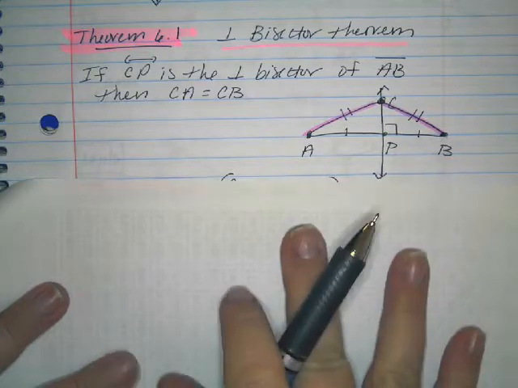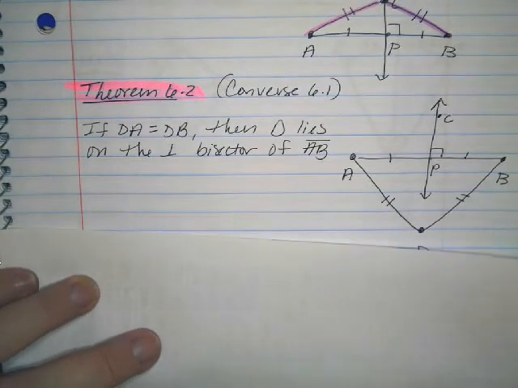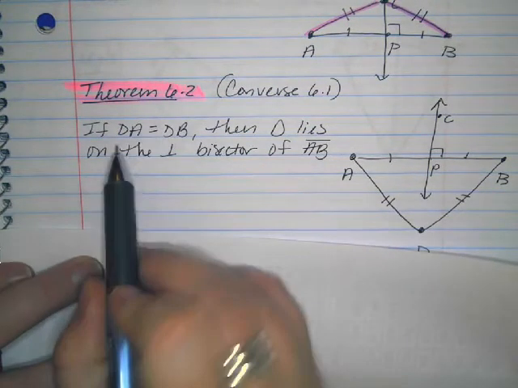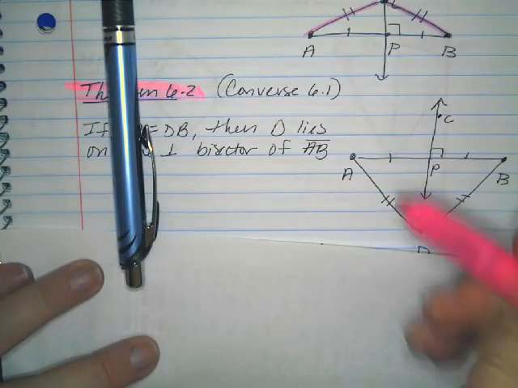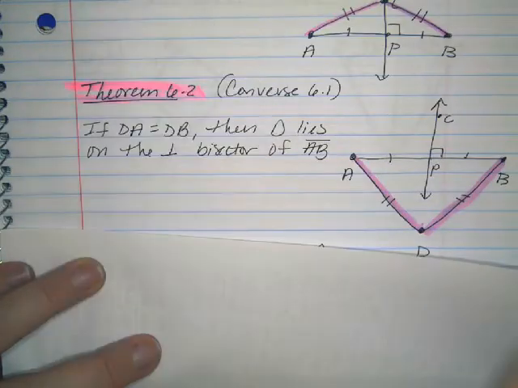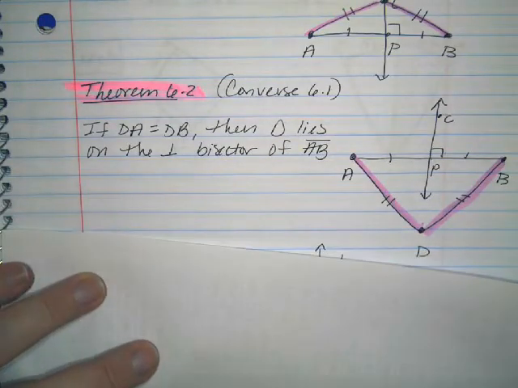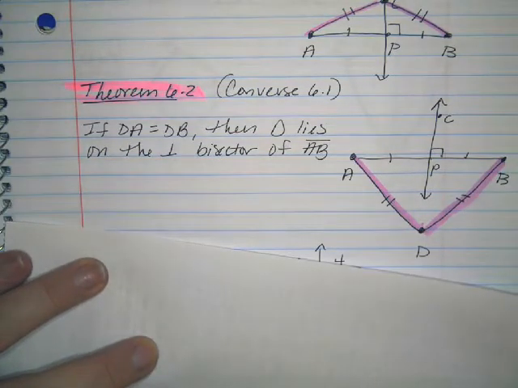The opposite of that is theorem 2, which is the converse of 6.1, which just flips it backwards. It's saying that if DA and DB are the same, then D lies on the perpendicular bisector. They did this on purpose. They didn't extend the line.